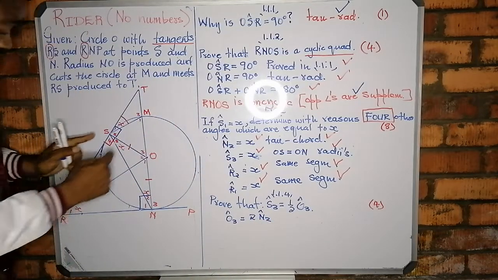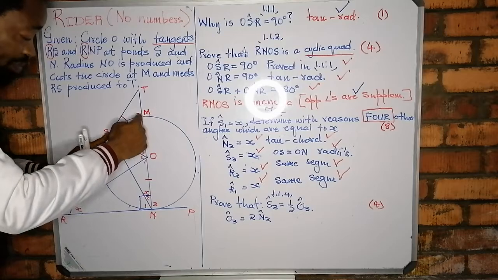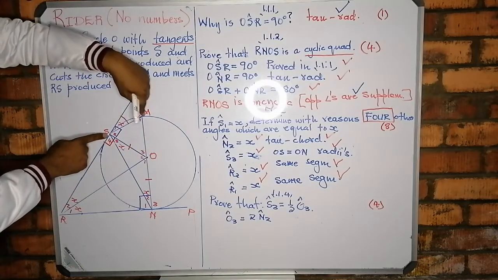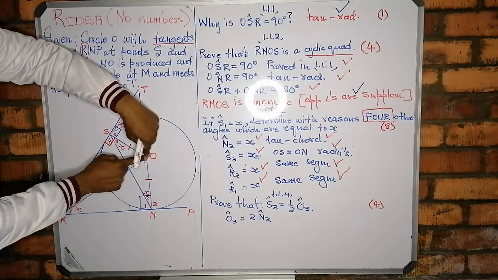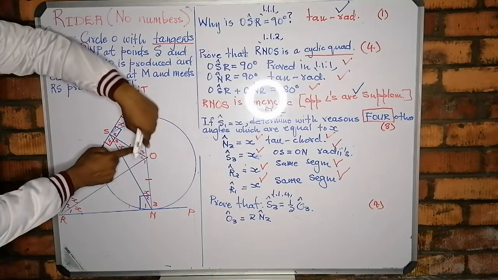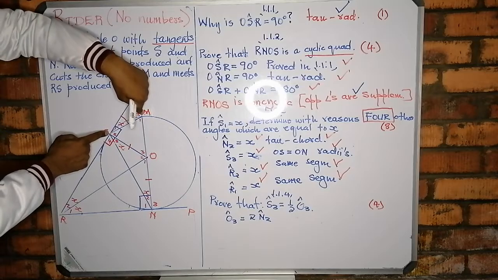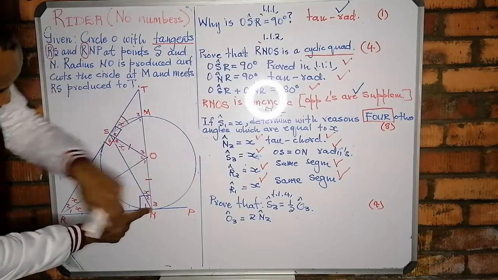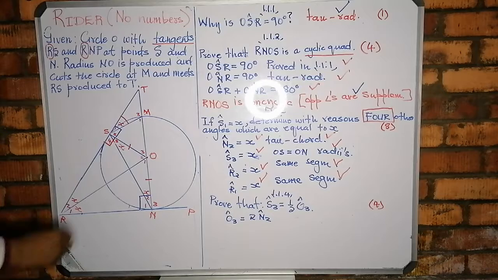Why? The angle which is subtended by the arc at center of the circle is twice the angle which is subtended by the very same arc at any point on the circumference of the circle.